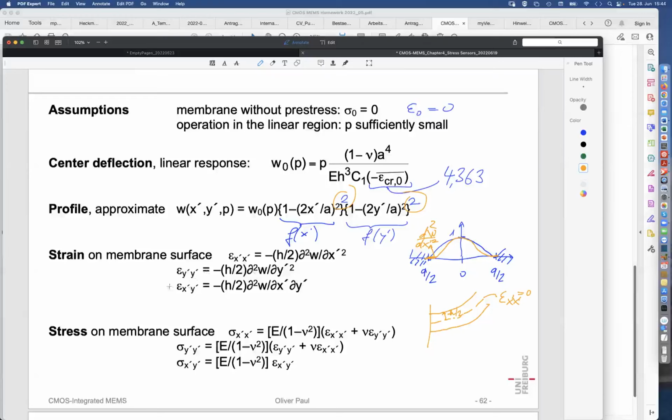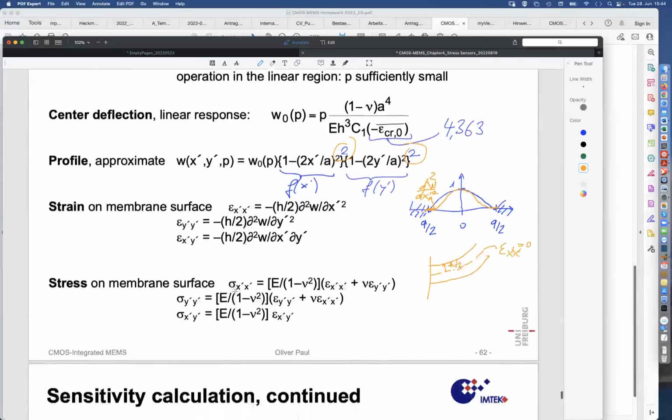And you can also calculate some shear stresses by doing these mixed derivatives of this 2D deflection function. And then the stress on the membrane surface can easily be calculated by an isotropic model, actually.